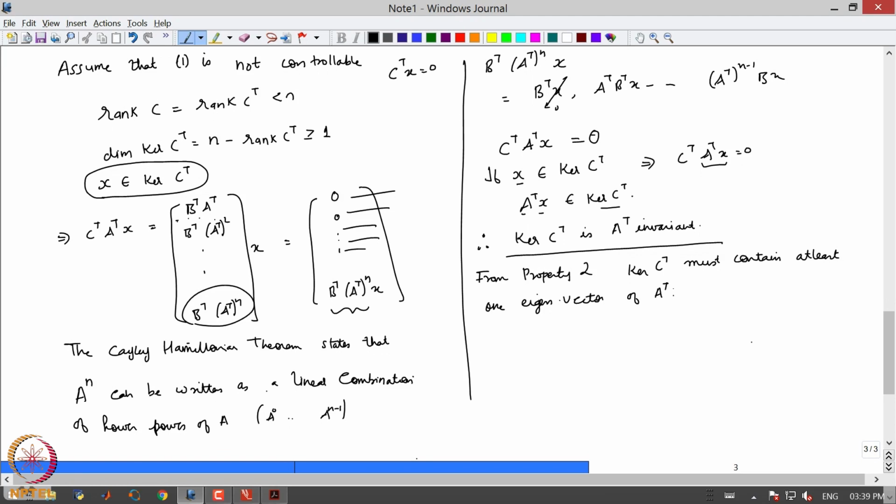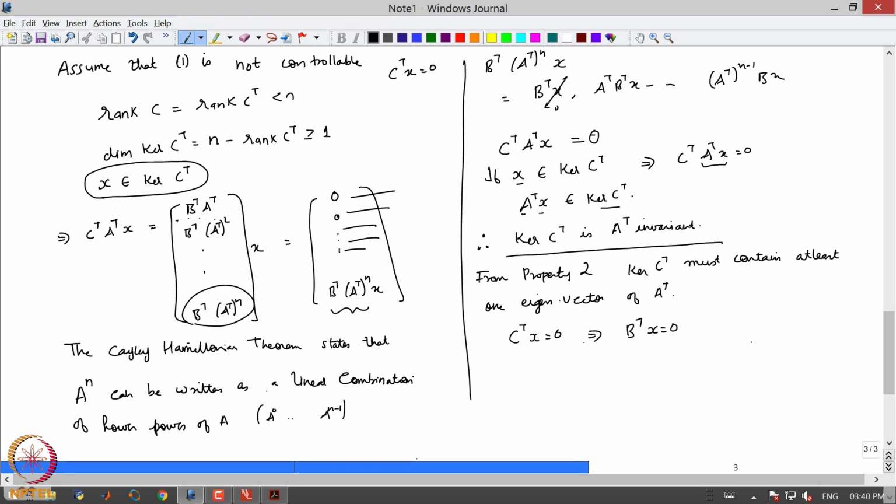Now, since C transpose x equals 0, we also have that B transpose x will be equal to 0, from the first entry of the matrix C transpose x equal to 0.